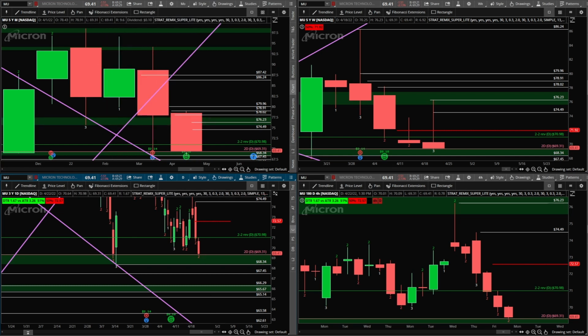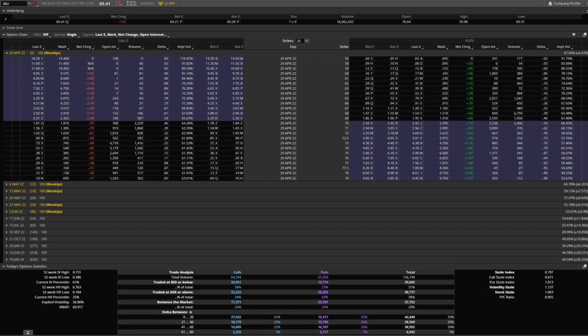Now, MU, when you're trading it, again, early on in the week, it's actually not too bad. The MU is definitely a little bit cheaper than AMD early on in the week. The downfall is that the spreads are kind of wide. I mean, we're looking at a 10-cent spread right here. So that's about the max that I'm looking at if I'm going to get into something. I definitely won't be buying the ask here.